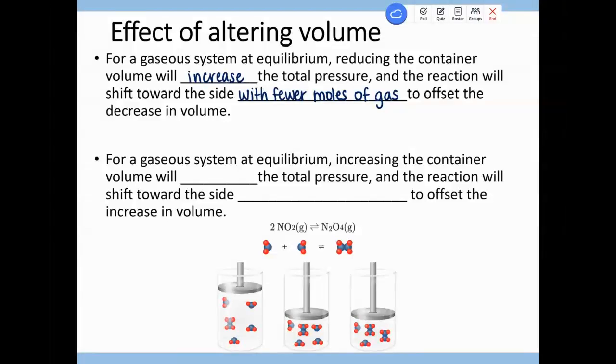It reestablishes equilibrium by now forming more moles of N2O4, which overall decreases the total moles of gas in the solution. So now with a different volume, a different pressure, K has a different value. Changing pressure will change the K value. At equilibrium, we now have more product than at equilibrium with less pressure or larger volume.